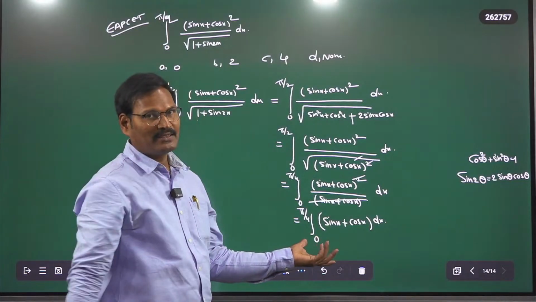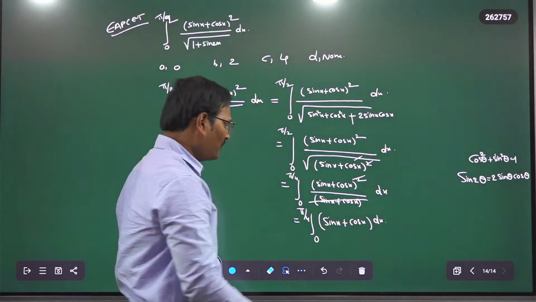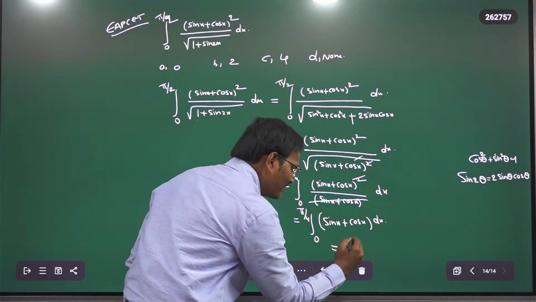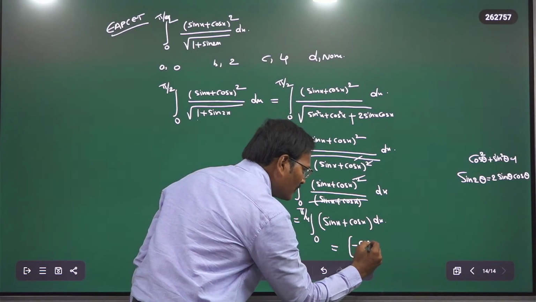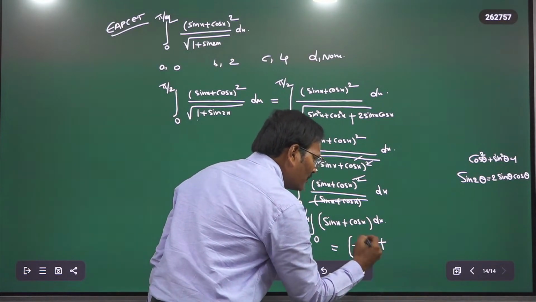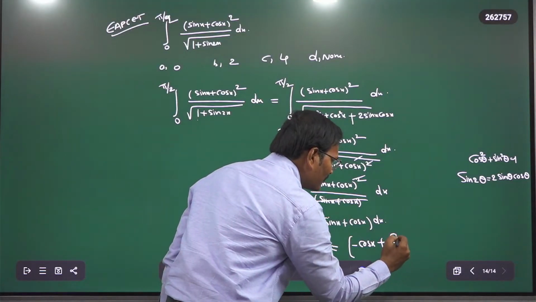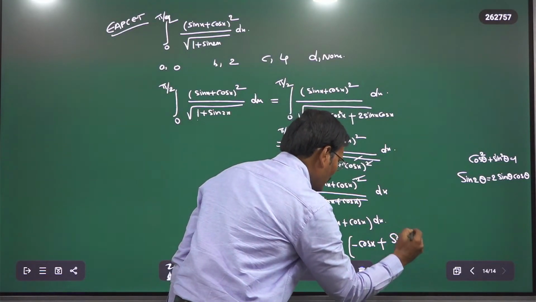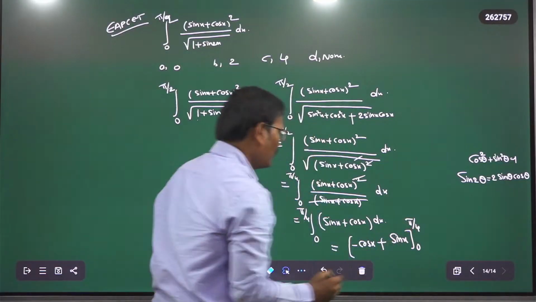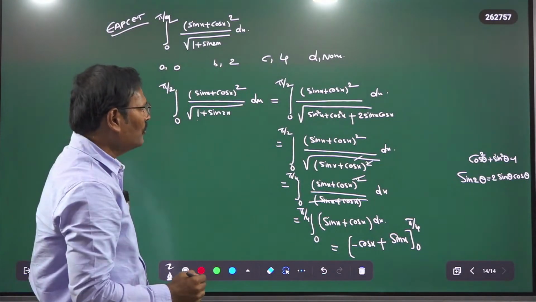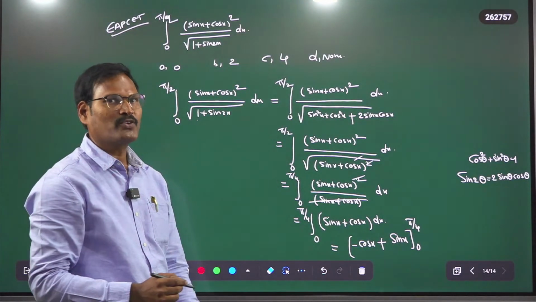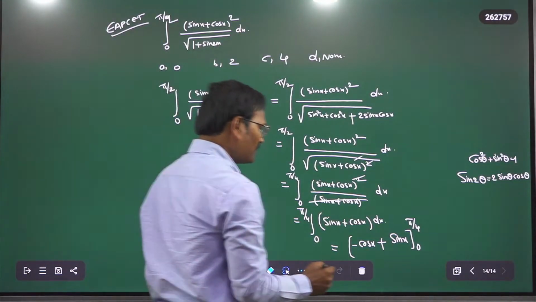So we know the integration of sin x and the integration of cos x. So integral sin x is minus cos x plus integral cos x is sin x, from 0 to pi by 4. Now we have to substitute the limits. After substituting the limits, we can get the answer.